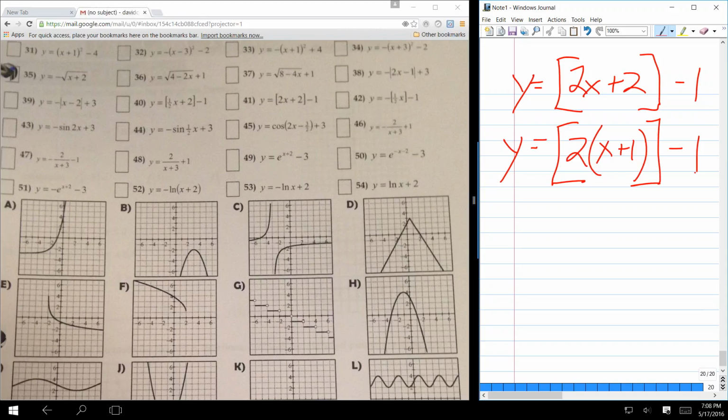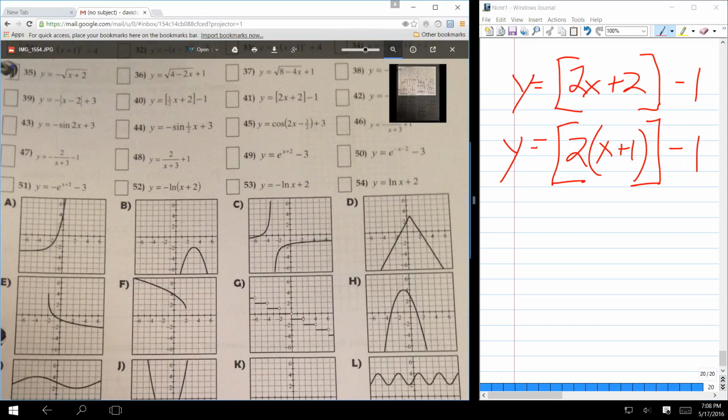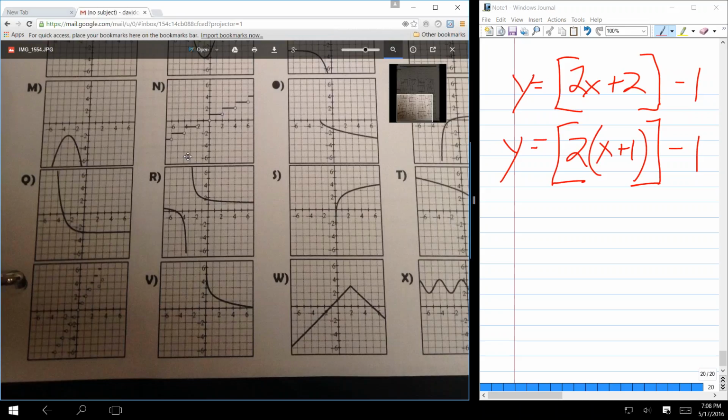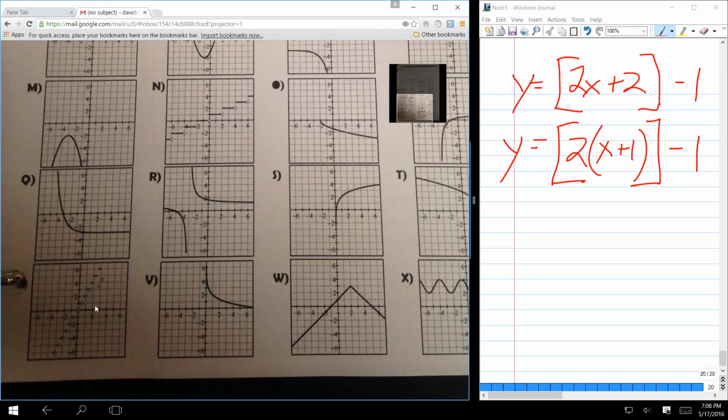So now what does the 2 do? The 2 compresses it. Correct, which means the width of each leg is only going to be a half a unit. Well, I remember seeing that down there on the lower left. Each leg is a half a unit. So pretty much has to be that.